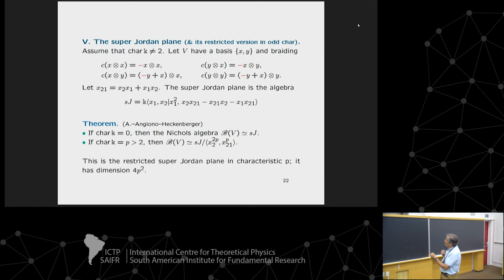So the powers are like this. And therefore, we have a PBW basis with x1, x2, and x21. And because of these powers, the restricted super Jordan plane has dimension 4p squared. So we want to play the same game as before for the super Jordan plane. And in particular, we want to understand why this is super.